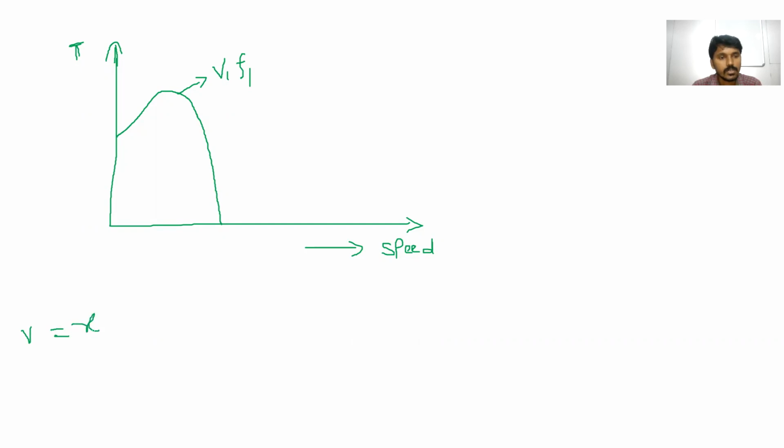For example, 200 volts, and for example this is 50 hertz. Whatever, take some values. V1 and F1 we have taken.